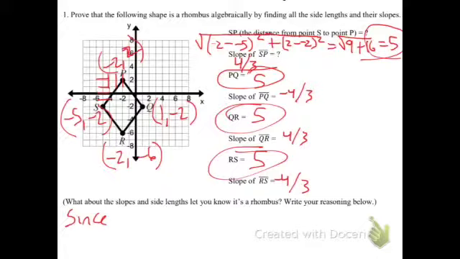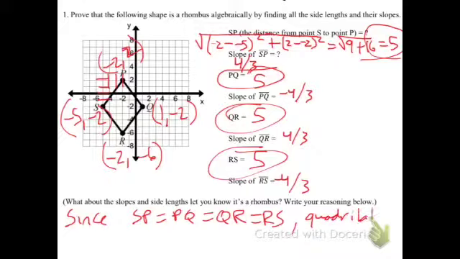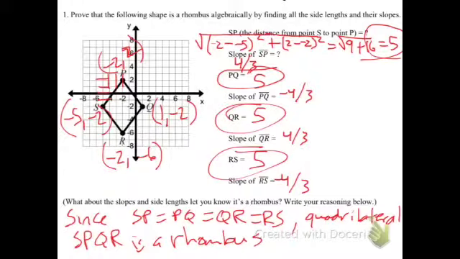Look in your notes for the definition. So since SP is equal to PQ, which is equal to QR, which is equal to RS, quadrilateral SPQR is a rhombus. And that's the explanation we're looking for.